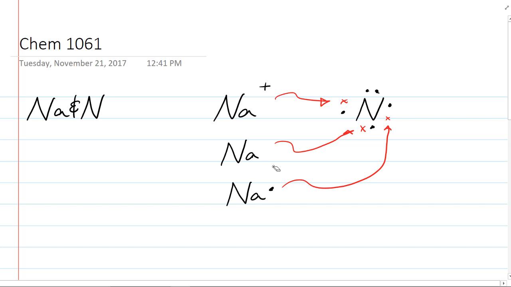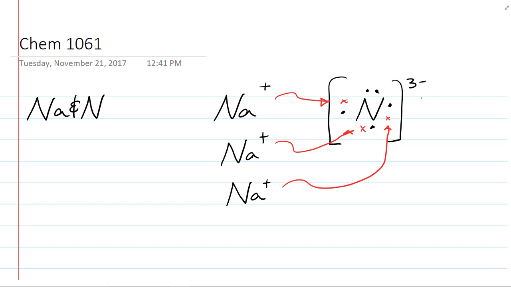And of course, because each of these sodium atoms has lost 1 electron, they acquire a single positive charge. Because the nitrogen has gained 3 electrons, the charge on this nitrogen becomes a, how much? 3 minus.